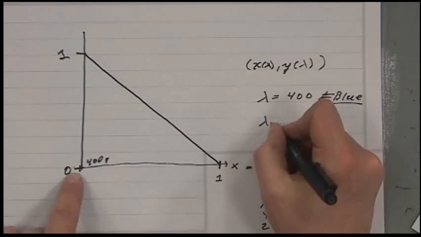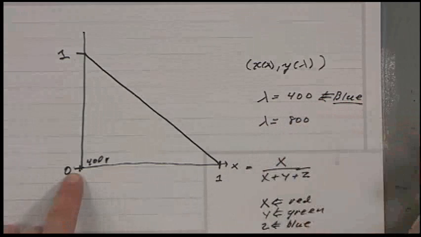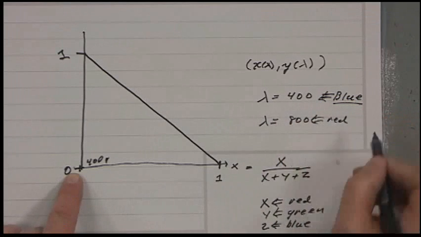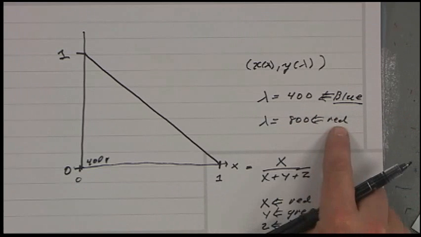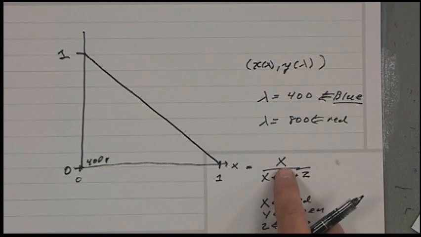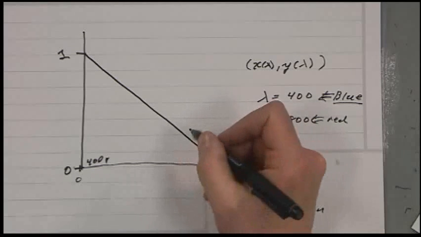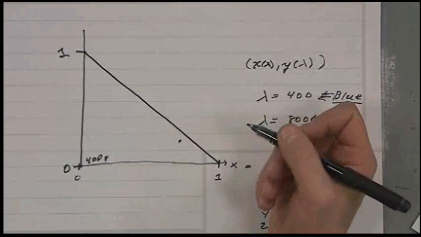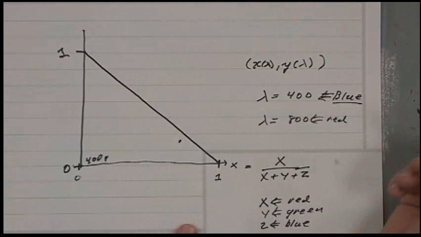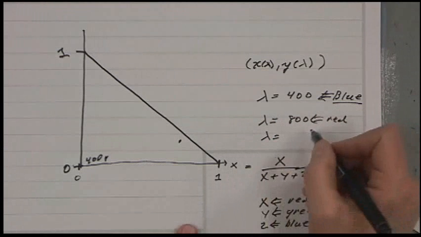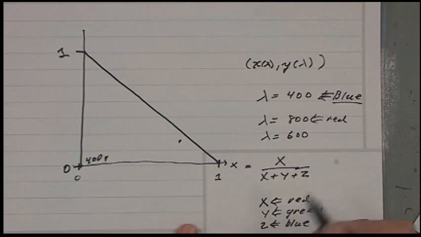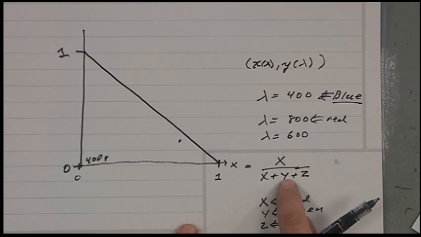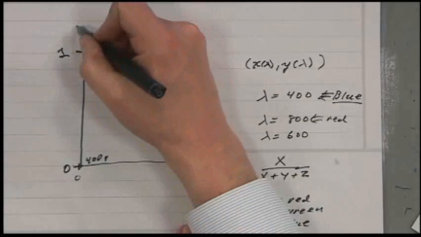Now, at lambda equals 800 nanometers, that's like red. Or if you go beyond that, it's infrared. So this is going to be over red. In red, it's X equals 1, okay? So we're going to be over here. In between, when we're halfway, say lambda equals, I'm just making something up here, say 600, that's mostly going to be Y. So over here, little y will be the largest, because this is little y.